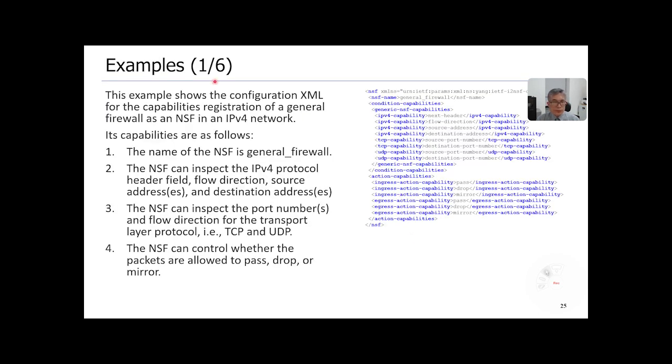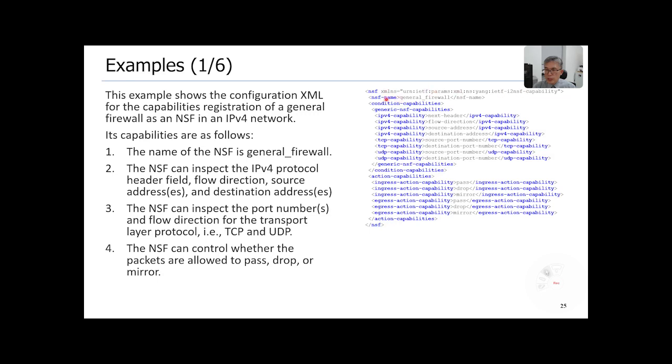So this example shows the XML for capability registration of a general firewall as an NSF in an IP version 4 network. So like this, for the NETCONF case, this kind of domain scope namespace is used.